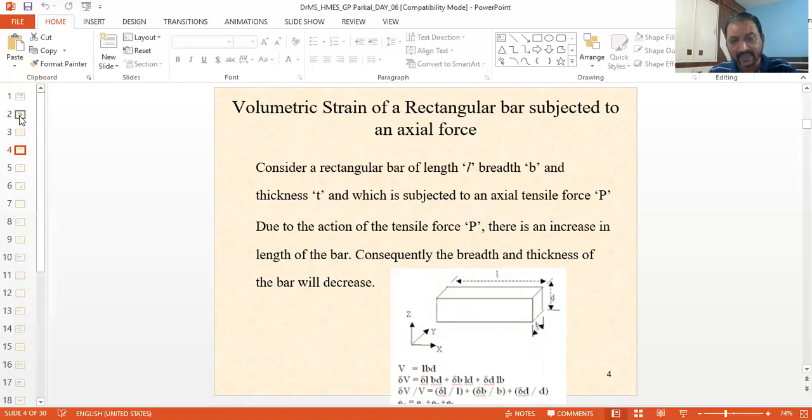The difference of these two volumes is nothing but the change in volume. The volumetric strain is nothing but the ratio of the change in volume to the original volume. So with that we are going to arrive at a formula for the volumetric strain of a rectangular bar.